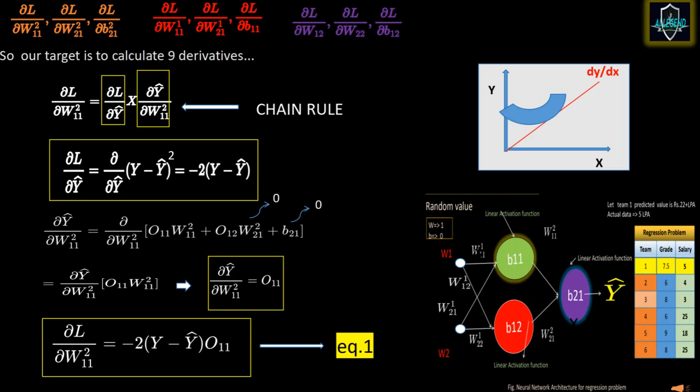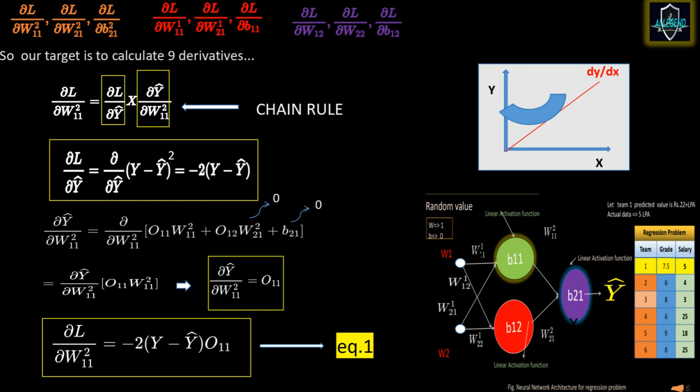So differentiating with respect to W211, in this expression you can see W211 appears in only one term, and the next one, O12 and W221, will become 0, B21 becomes 0. Alright, this is the differentiation rule as you see in the figure.